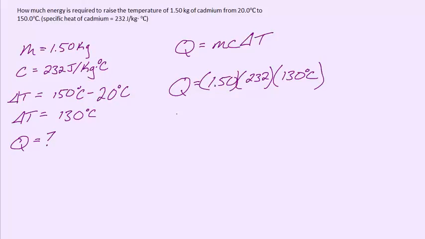When we calculate this out, we see that the energy required to raise 1.5 kilograms of cadmium from 20 degrees Celsius to 150 degrees Celsius is 4.52 times 10 to the 4th joules.